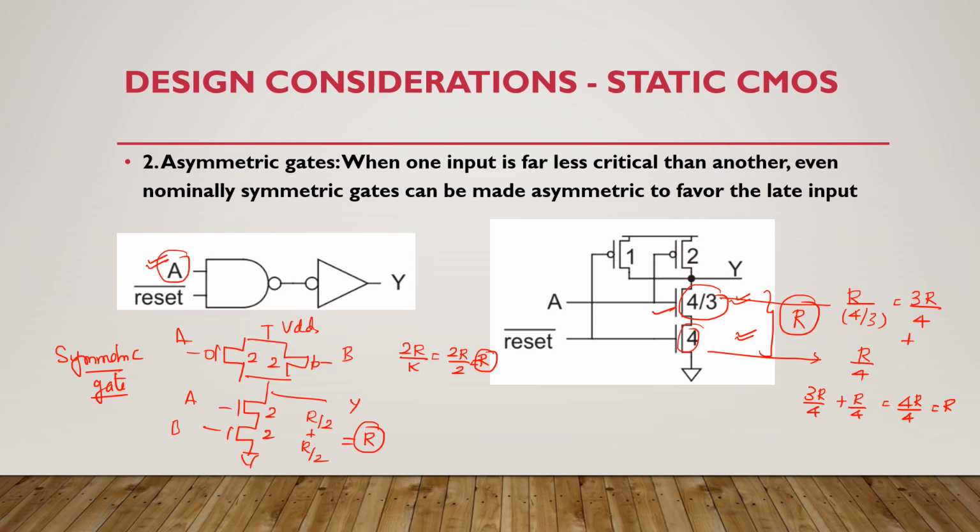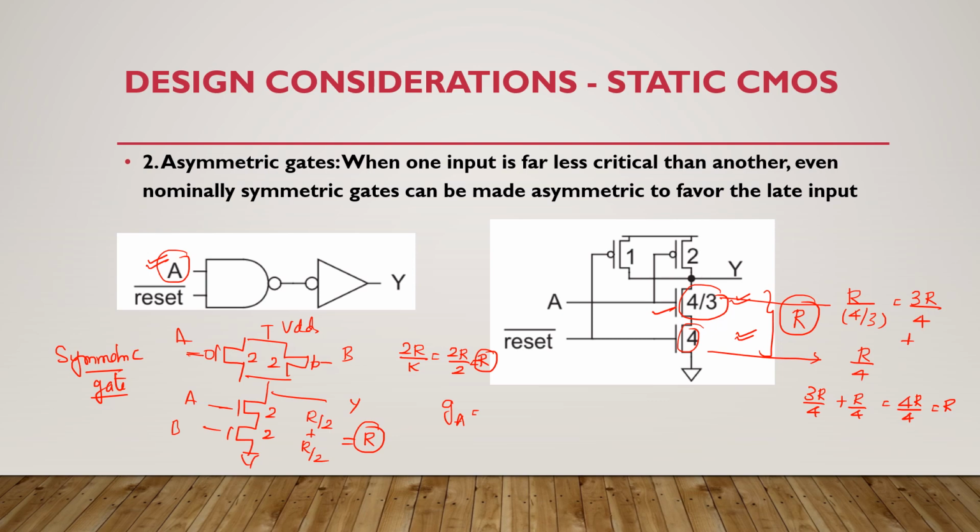So what is the speciality of this asymmetric gate? If you want to calculate the logical effort at input A for the symmetrical gate, this input A is connected to one PMOS and one NMOS.